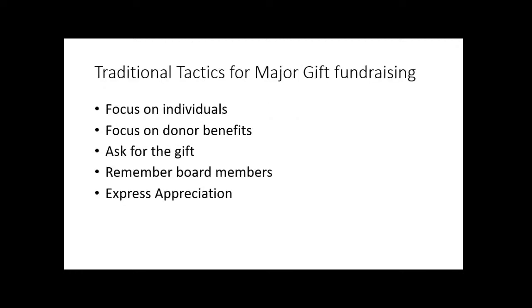So you probably understand that some traditional tactics for major gift fundraising is to focus on the individuals, because individuals provide the majority of philanthropic support for all nonprofits. So we have to develop those relationships with them. There's likely to be thousands of millionaires in any nonprofit state.